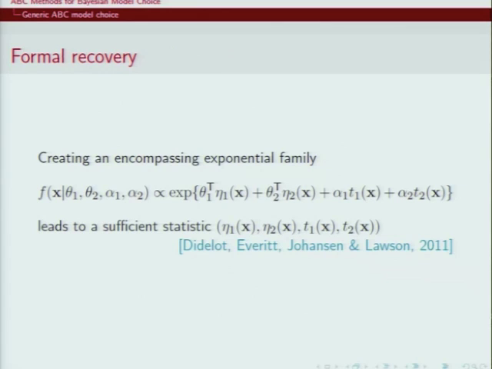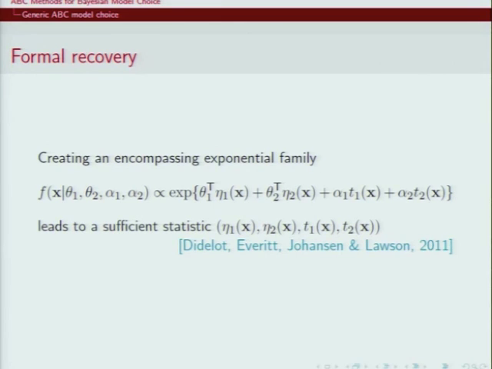Of course, in this toy example, because we are within an exponential family, things can be recovered by a formal result, namely that if we embed both families into a meta exponential family that contains both of them as special cases, by using the cumulant moment functions, T1 and T2, we do recover a summary statistic that is sufficient across models. And in that case, we can conduct inference without losing information.